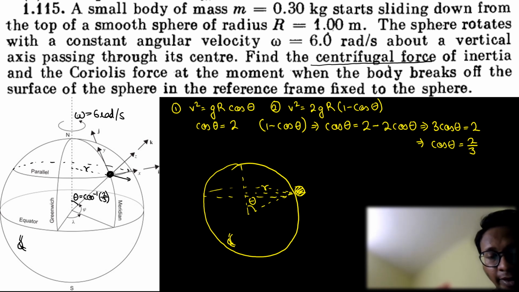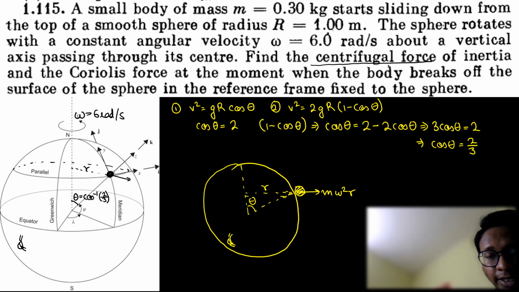That means this ball is rotating around this circle. So the centrifugal force would be along this line, or m omega square into r, where r is the radius of this circle. Let me make this a little bit neat and clean.